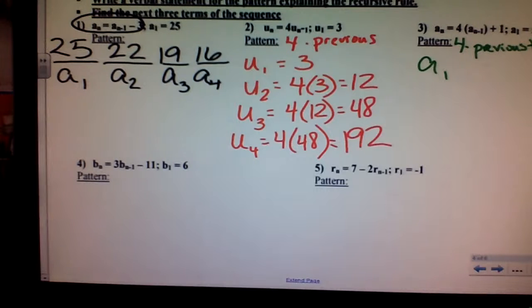So a sub 1 is 5. So a sub 2 is 4 times 5 plus 1, which is 21. This is the most complicated one right here, I'll tell you what.